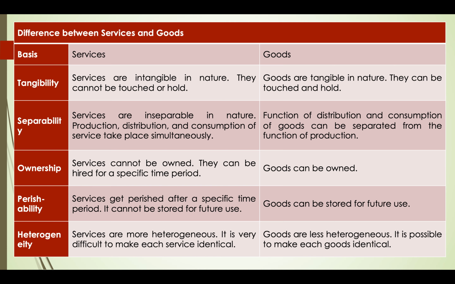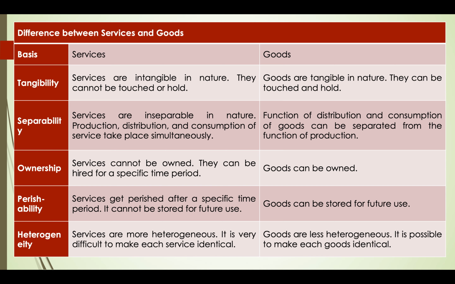You will feel the difference in the services, even though the same hairstylist sometimes provides different services at different points of time, based on his mood, based on his health. So this is a difference of a service from goods, where goods can be homogeneous as well. They can have proper standards and they can be identical because they are being produced by machinery, or big factories and all.